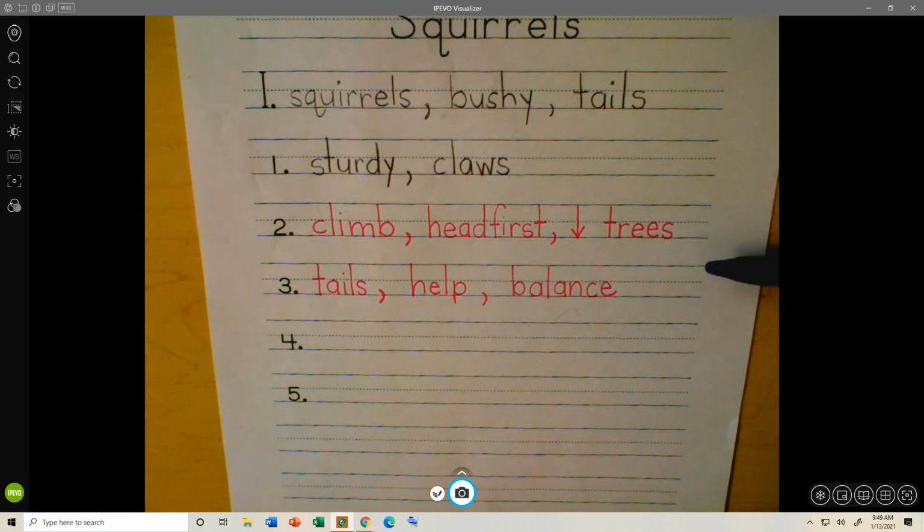Squirrels know how to climb head first down a tree. Good. Keep going. Their tails help them balance. Perfect. Great job.